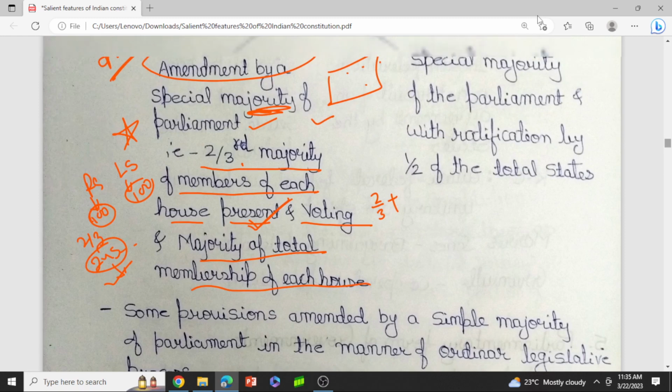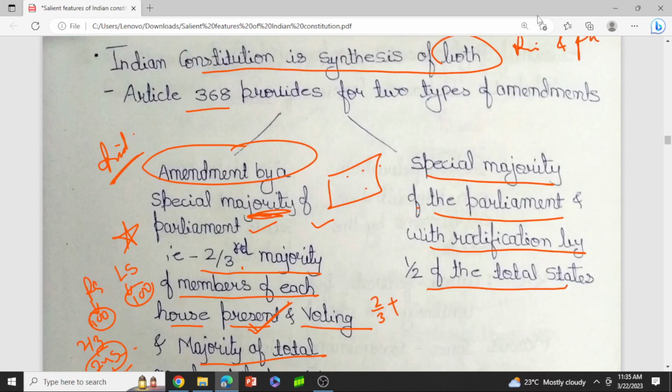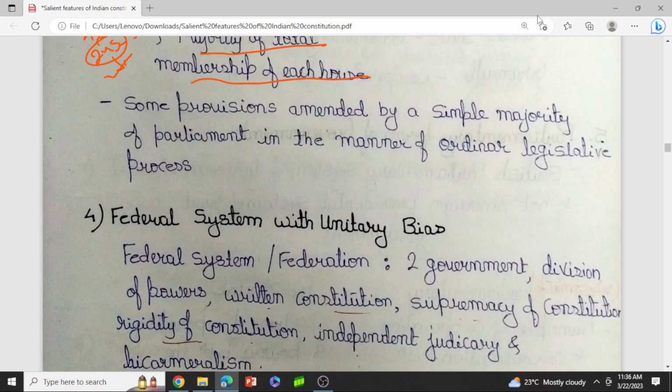However, another method is a special majority of Parliament with ratification by half of the total states. What is this? We'll come and study it in the amendment chapter. Okay. Some provisions can be amended by a simple majority of Parliament, in the manner of the ordinary legislative process. So these two were the ways, through special majority, in which the Indian Constitution can be amended.